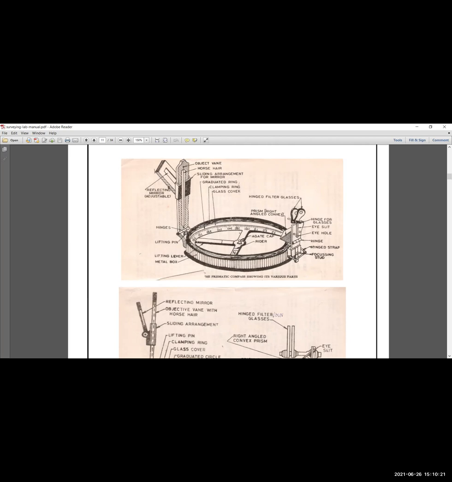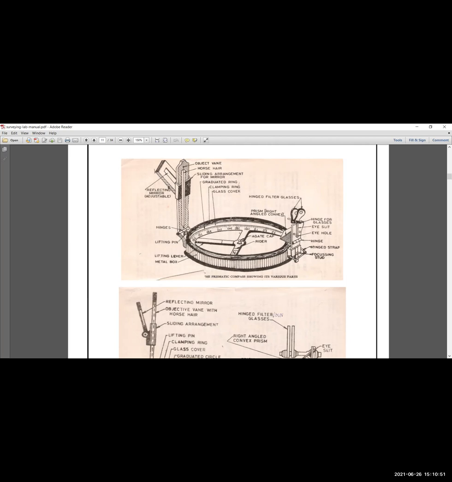Here one hinge is supported to this object vane. In the object vane, a cross wire is also provided for the purpose of ranging the object. This is the reflecting mirror that is adjustable.